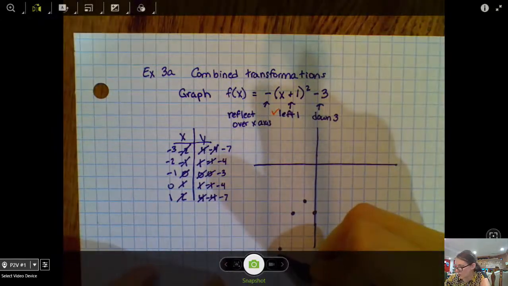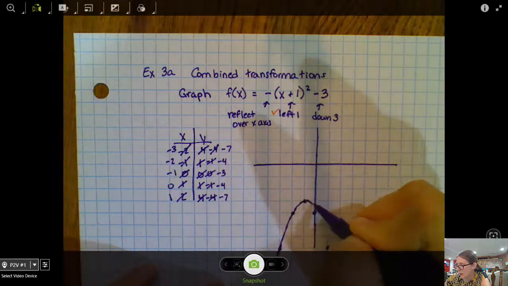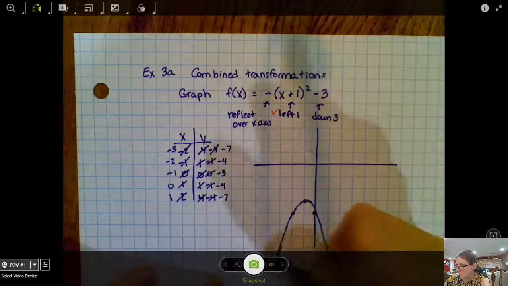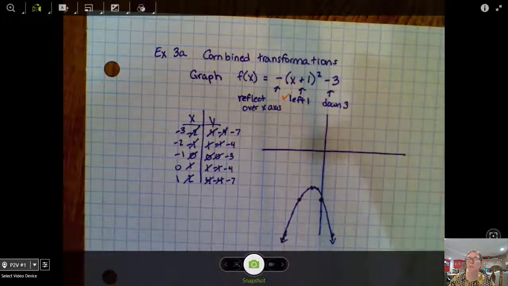So as you can see in this one, even with all of our transformations, we can still see where the vertex is of our parabola. It's one of the nice things about doing your transformations this way. We always can see where our vertex is.